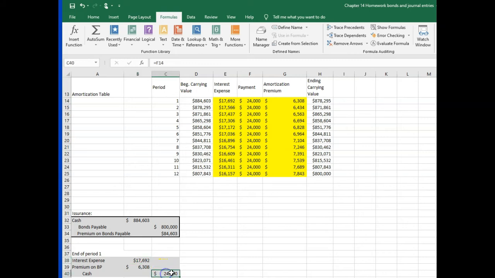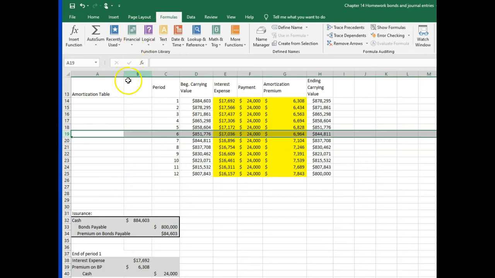The payment I take straight from here, and the premium on the amortization also straight from the table. You could also double check to make sure these numbers work out, that all our debits equal credits, and they do.